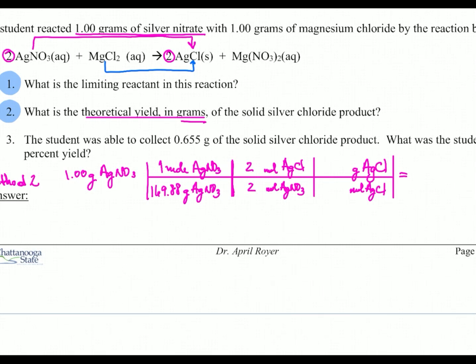Run to the periodic table again. So this was periodic table. This is going to be from the balanced chemical equation. And grams to moles again, that is periodic table again. So add up 1 silver and 1 chlorine, and you'll find that to be 143.32.